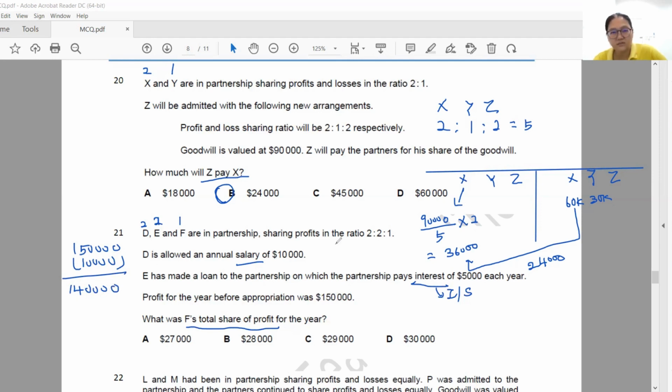This 140,000 is shared in total ratio of 5, so we have to divide by 5. We get 28,000 because F is only one portion, which is B.